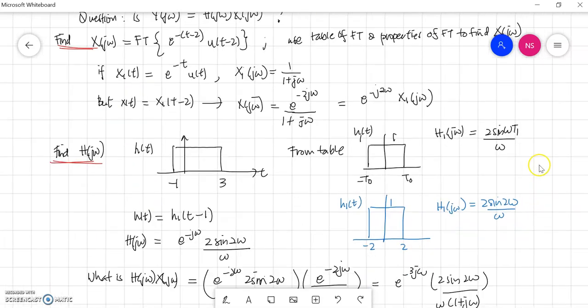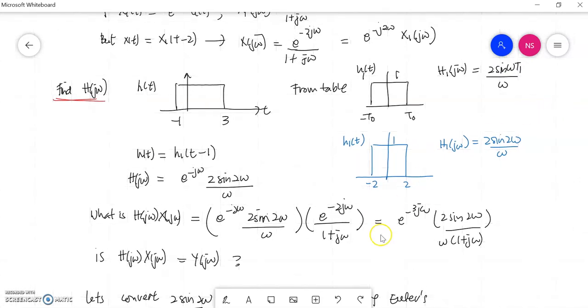What about our H(j omega)? So what is our h of t? h of t is this pulse, right? And from our Fourier transform table, we see there is an entry where if h1(t) is defined as this, then we can find our H1(j omega) to be given as follows.